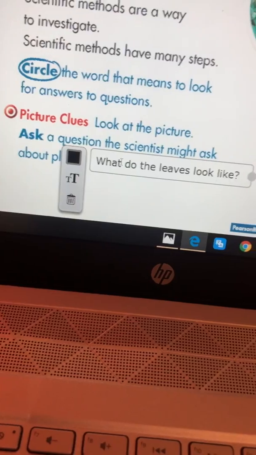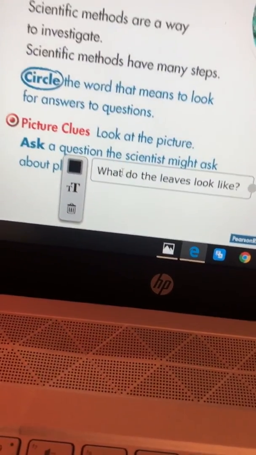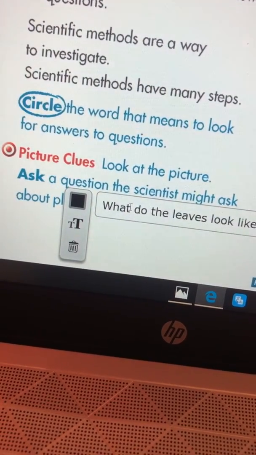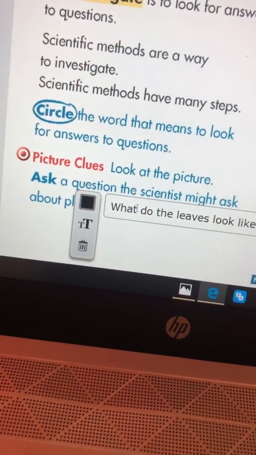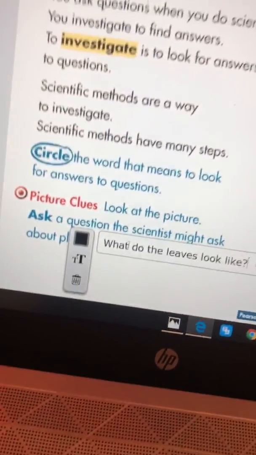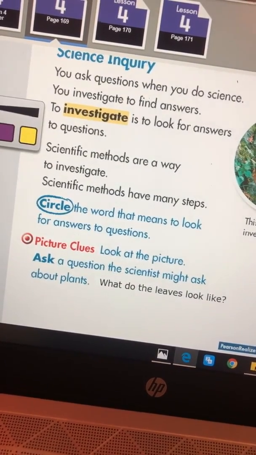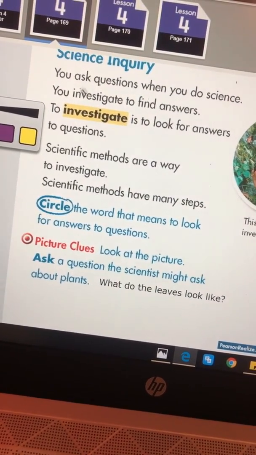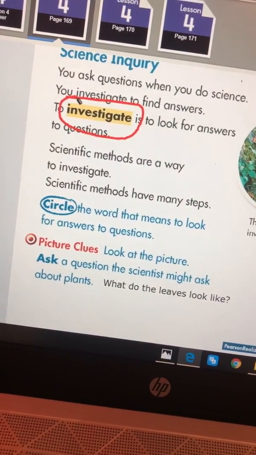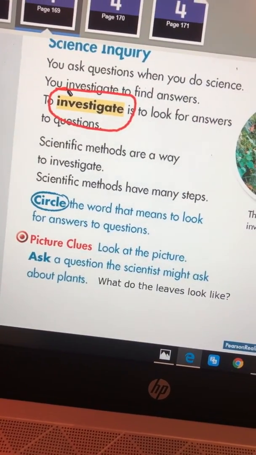So he might ask this question, what do the leaves look like? Okay, and also you have a question here before. Circle the word that means to look for answers to questions. So which word means to look for answers to questions? Excellent. Investigate. So circle it. Investigate is to look for answers to questions.